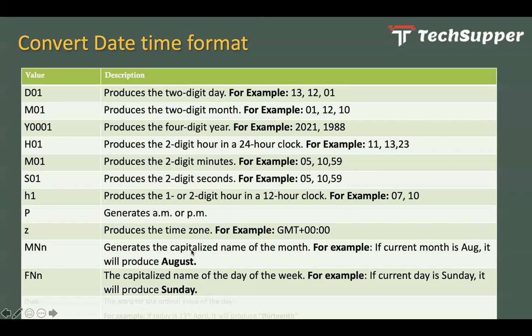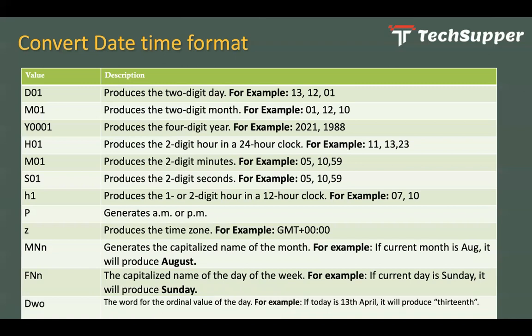F, capital F, N, and N give the capitalized name of the day of the week. For example, if the current day is Sunday, it will produce Sunday. Capital D, small w, O gives the word of the ordinal value of the day. For example, if today is the 13th of April, then it will give you 13.